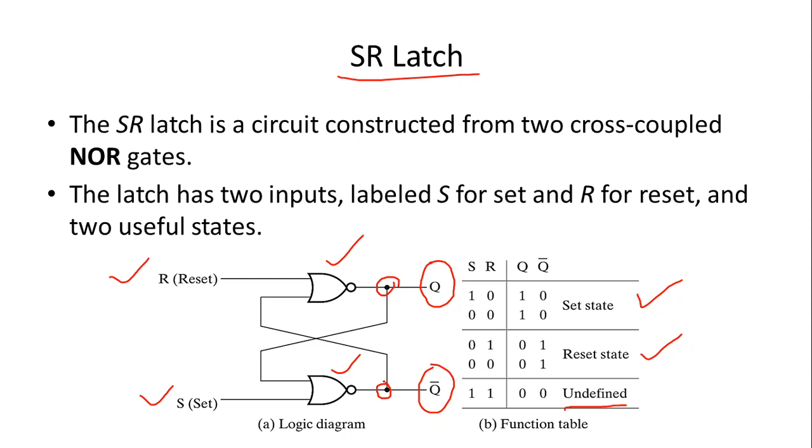Now let's look at how these inputs and outputs work and how the states change from one to another. The thing to remember: there are two inputs, S for set and R for reset, and two outputs, Q and Q naught.